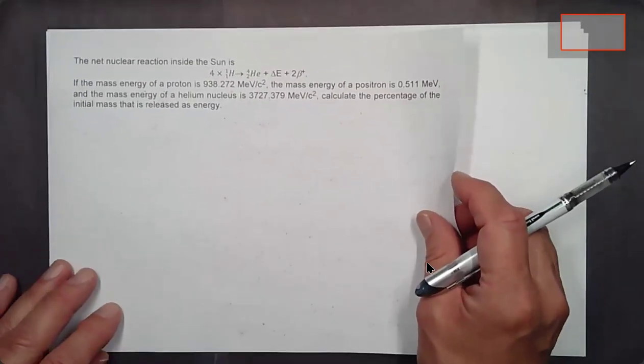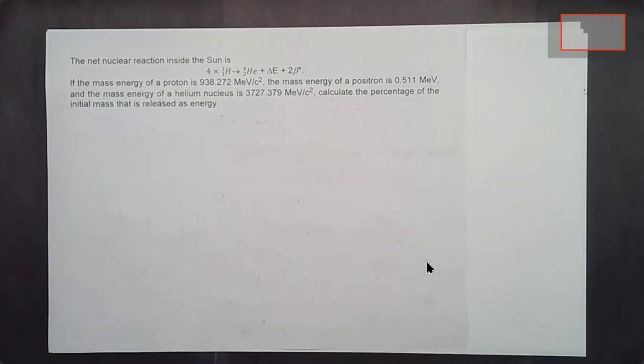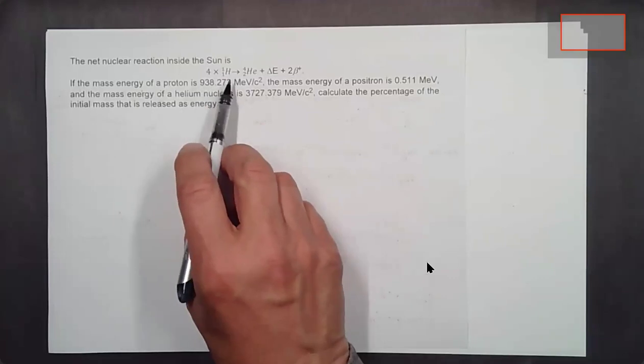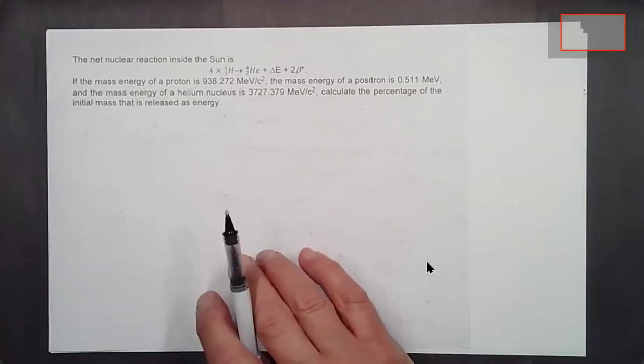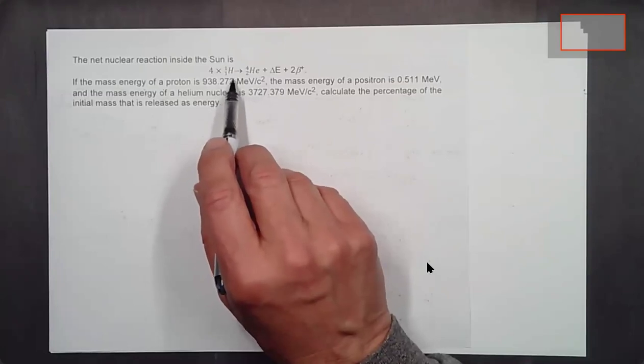Let's see. Here's one that looks at vanishing mass. And in this case, it's looking at the nuclear reaction inside the sun, which is actually a 3-step process.